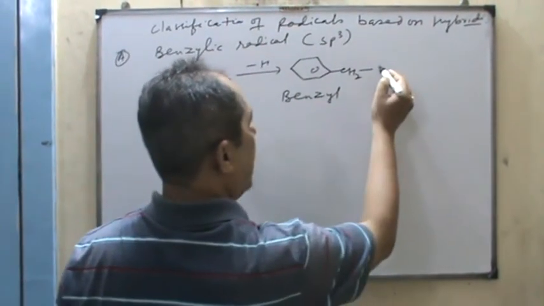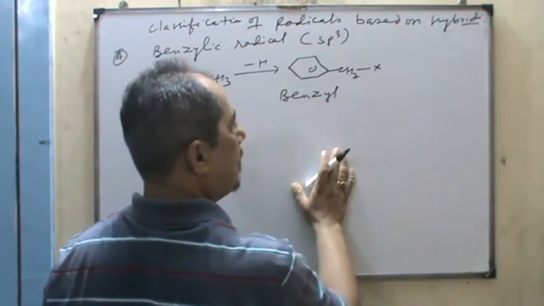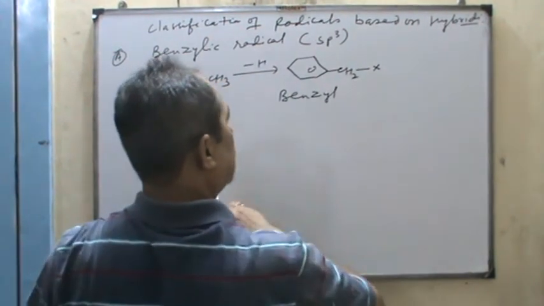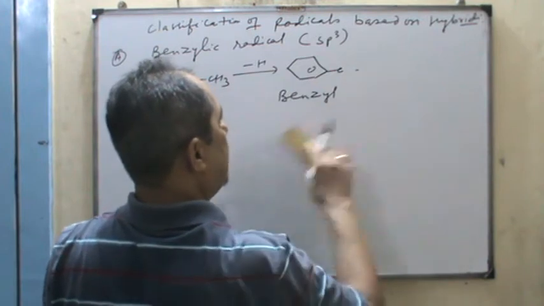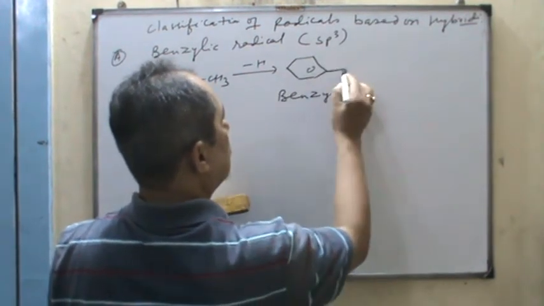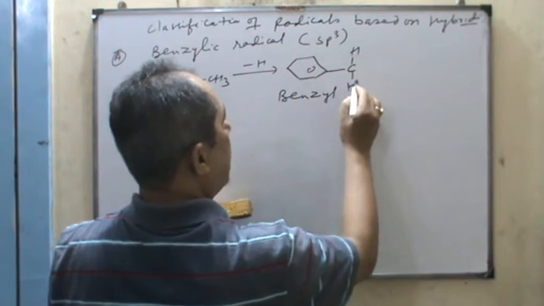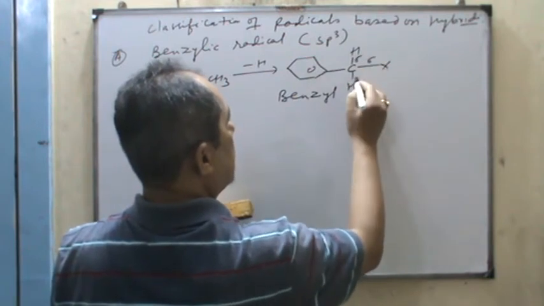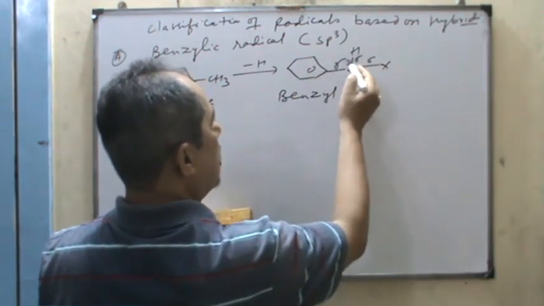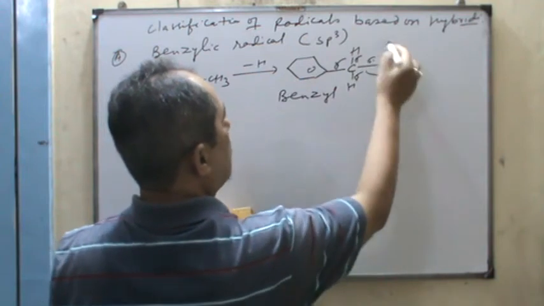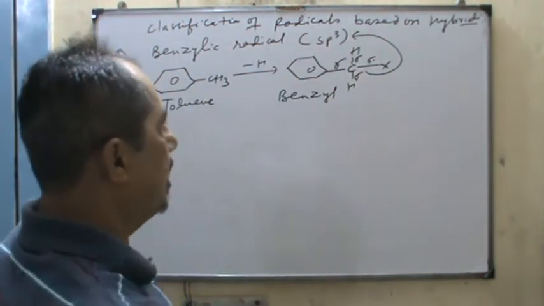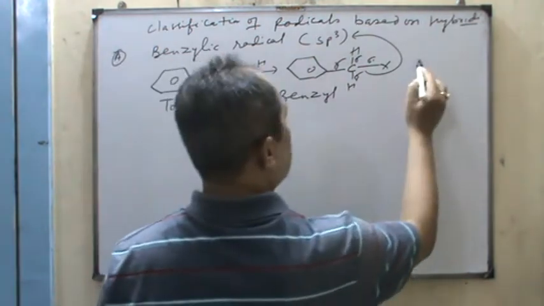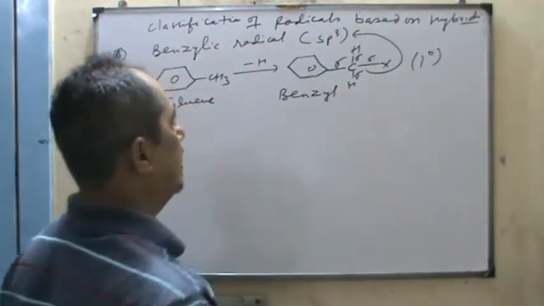Then if you add X here, I write this compound in that form, CH2 and X, sigma, sigma, sigma and sigma. How many sigma? 4. So your answer should be sp3 hybridization. So it is the 1 degree benzylic radical.